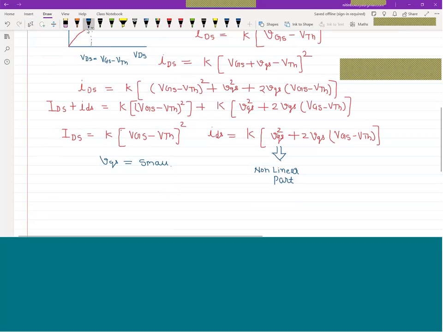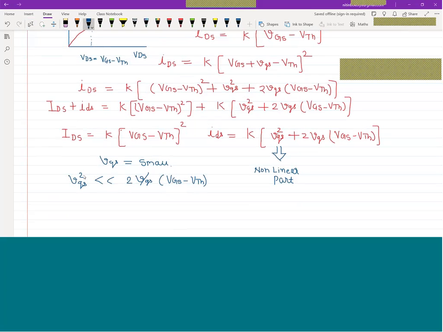We can say the condition required here is that VGS square should be less than 2 times of (VGS minus VTH).